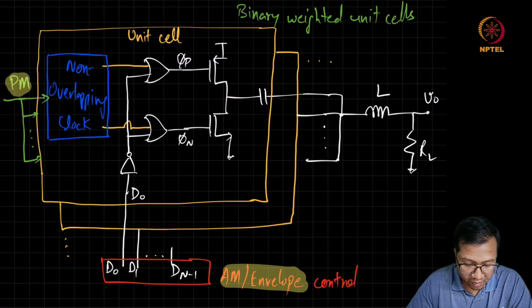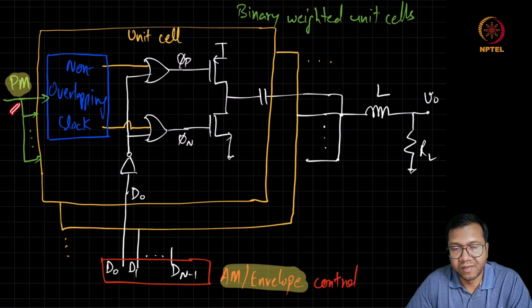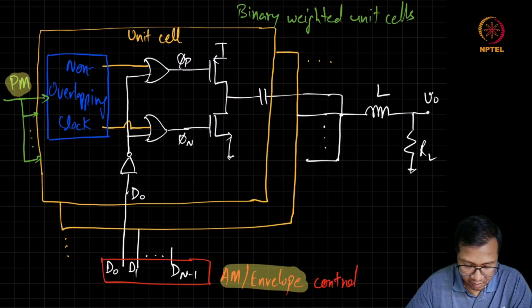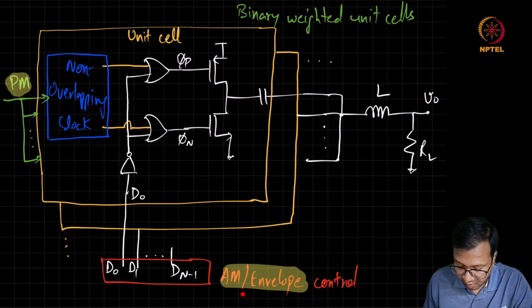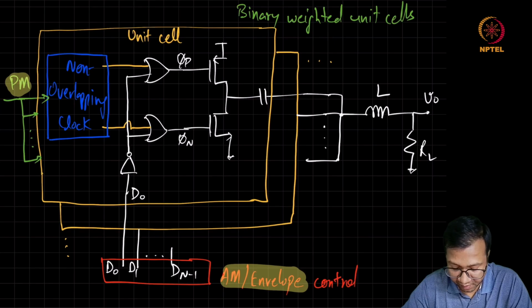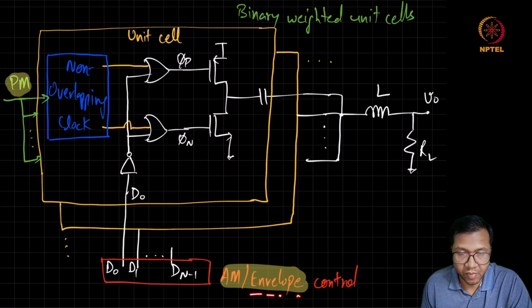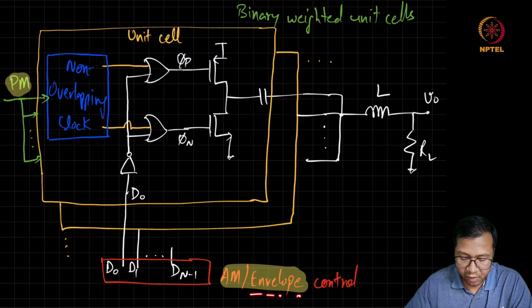And we can also see that, similar to the earlier cases where the DAC images were directly appearing at the RF spectrum, here also, depending on what is the sampling rate of this envelope control signal, there can be DAC images. So if you want to push the DAC images far away from the center frequency, then the analog control signals can be oversampled at FS and fed to these binary weighted unit cells.